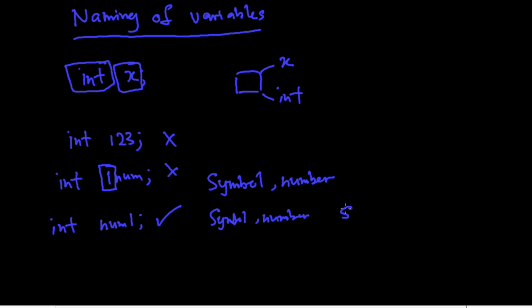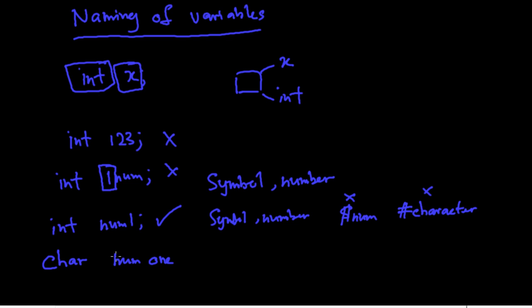It goes for, let's say, this num or character. These cannot be used. Now the next example will be, let's see, character num1.